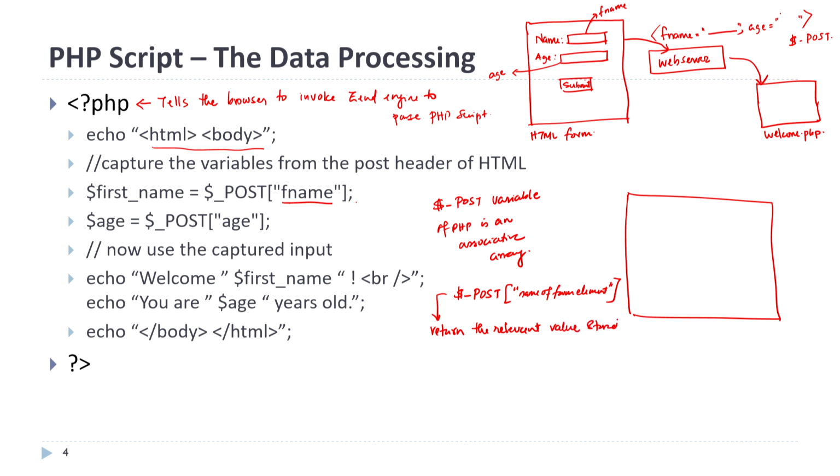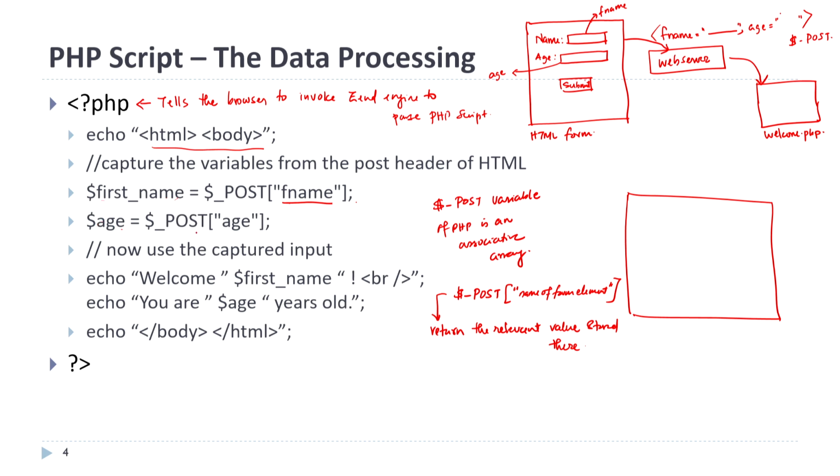So, if I want to access whatever value is stored in f name, I just need to say $_POST["fname"] within double quotes. Then it will take that value and assign it to the $first_name variable.